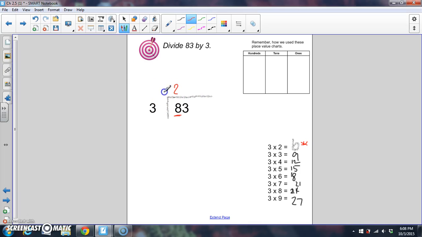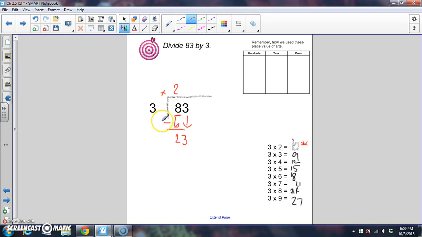I multiply 3 times 2, I get 6. So I'm going to divide, multiply, subtract now. 8 minus 6 is 2. I'm going to bring down this number right here, which is 3.